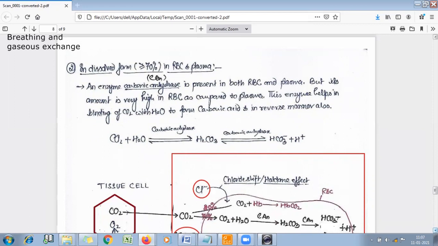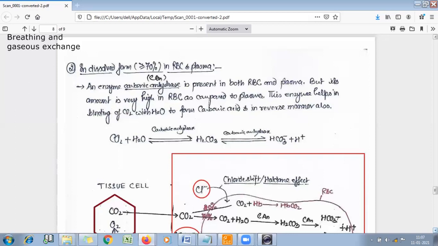It is a very important point that carbonic anhydrase is present in a very high amount in RBC as compared to plasma. Its amount is much higher in RBC, but it is present in both places.